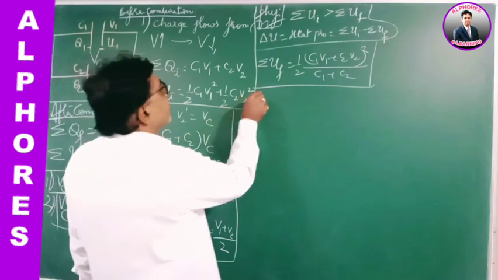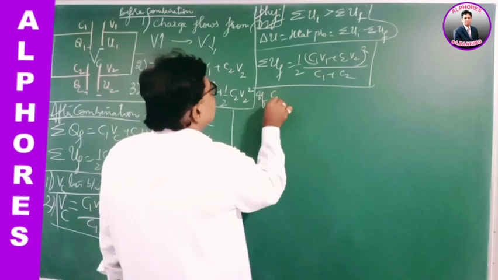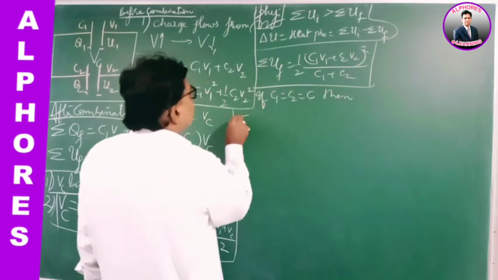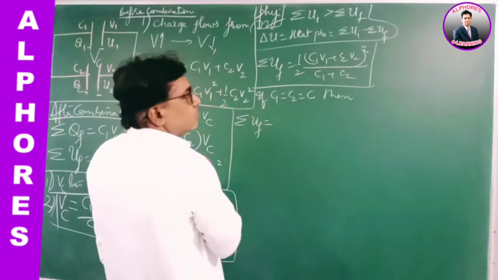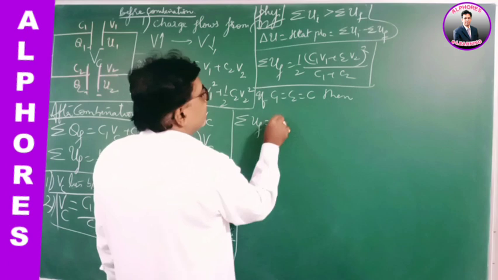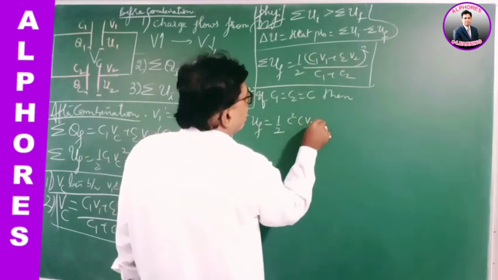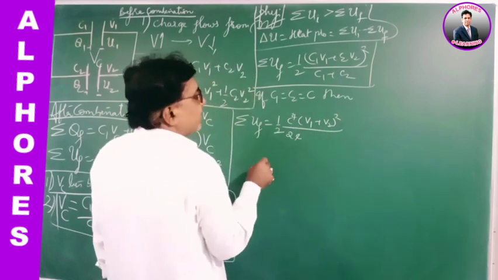Again, if in this one C1 is equal to C2 is equal to C, then the total final energy will be half C common, C square of (V1 + V2) whole square by 2C. One C will get cancelled.